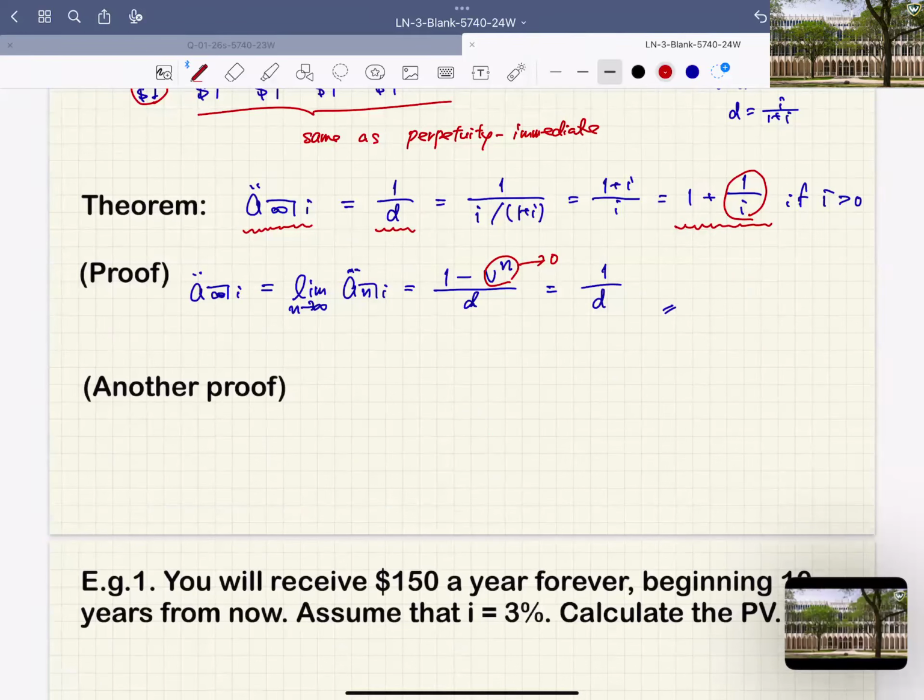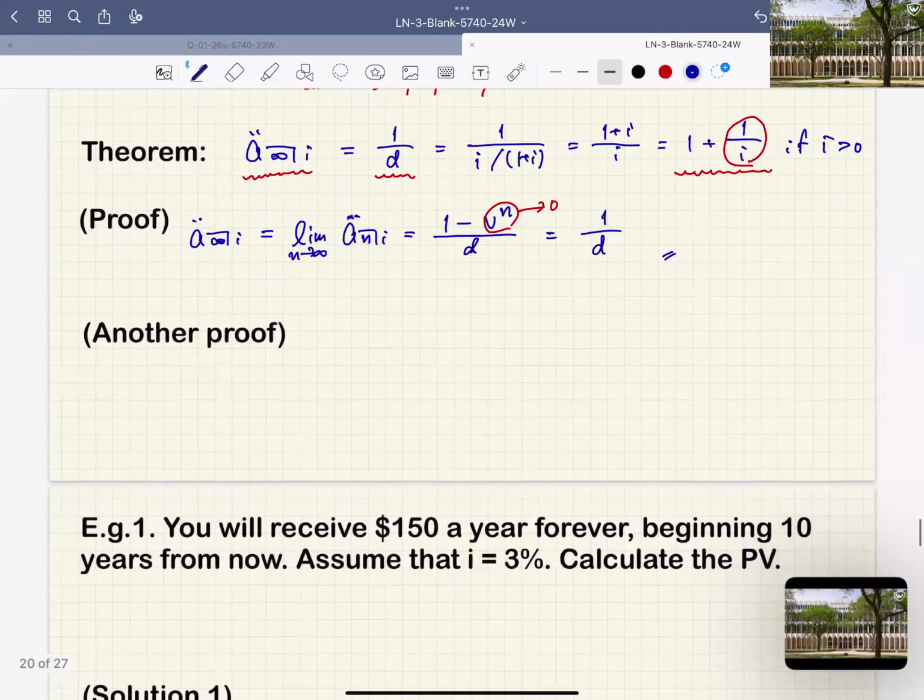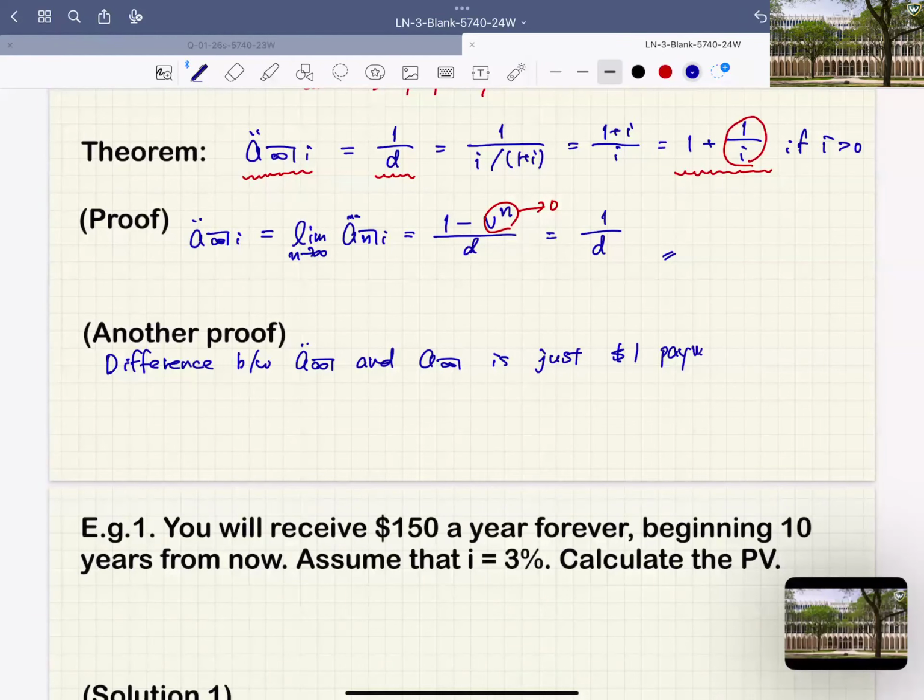So I would say that the difference between a double dot angle infinity and a angle infinity is just the $1 payment at t equals 0.